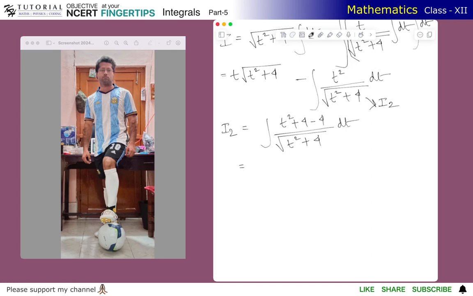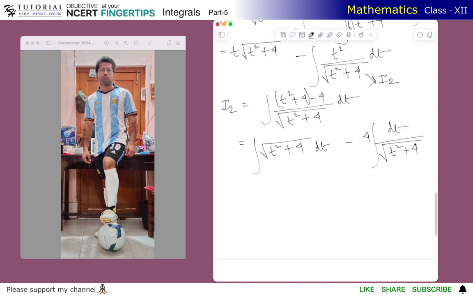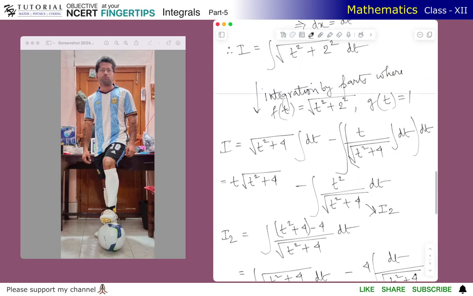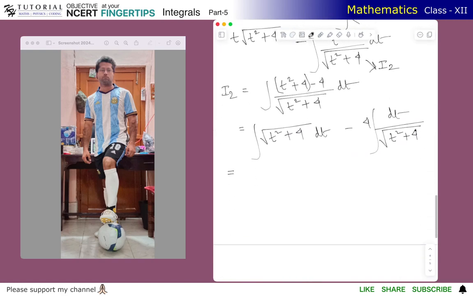We split the term and we get the integral of root over t square plus 4 dt, minus, bringing the constant 4 outside, the integral of 1 by square root of t square plus 4. Now this first term is again back to the integral we are trying to solve, I. So this is I minus 4 times the integral of 1 by root over t square plus 4.